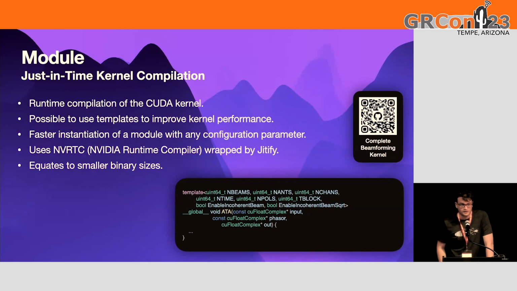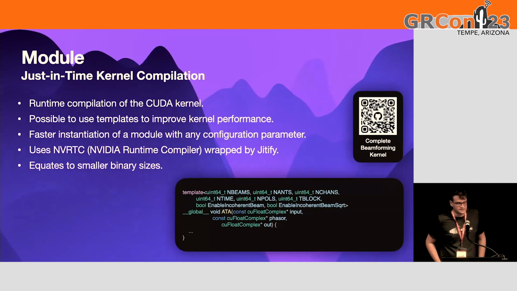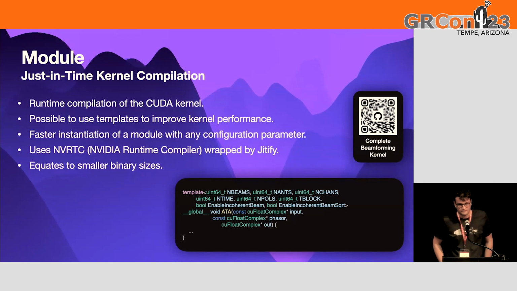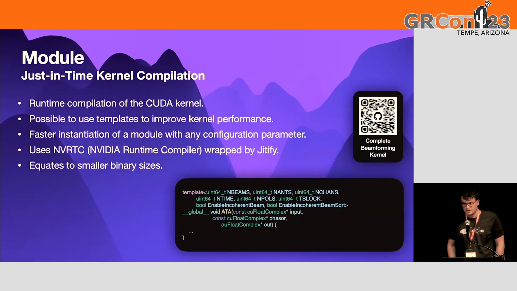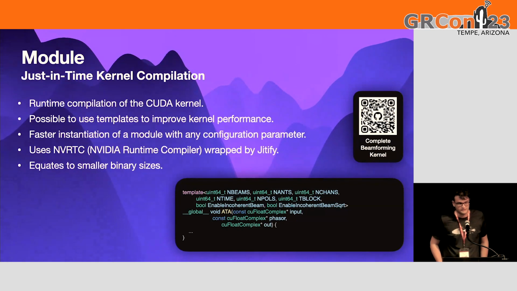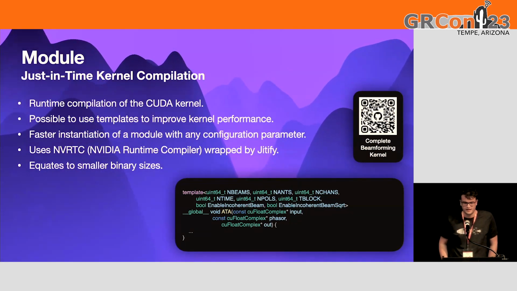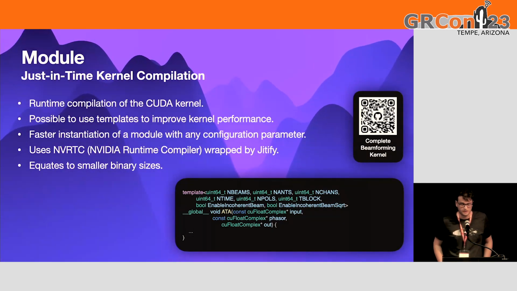Another good thing about Blade is that we do just-in-time compilation, because our kernels are very specialized, and we use templates and static parameters wherever we can to take the compute from runtime to compile time. So for example, if we are running with a sample of 10 antennas, we need to change the number of antennas parameter of the beamformer module.